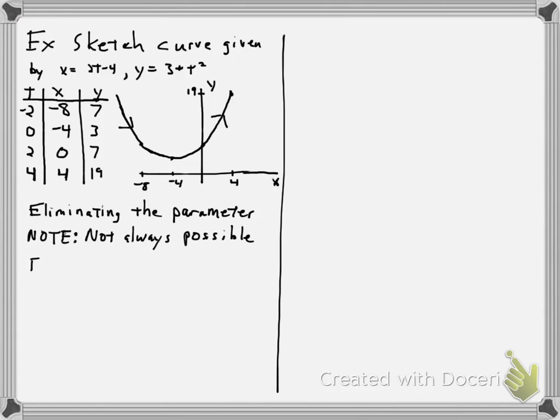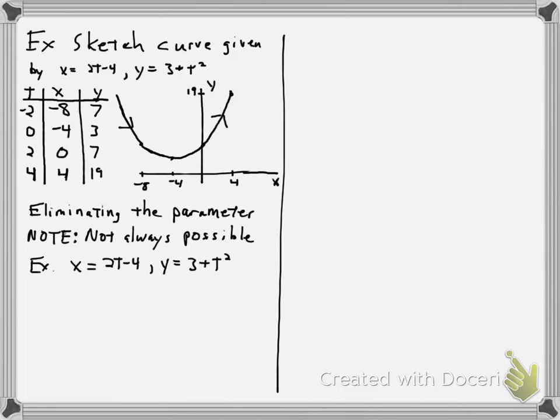Alright, so I'm just going to use our previous example. Let's write x equals 2t minus 4, and y equals 3 plus t squared. What we want to do is solve for t in terms of either x or y.